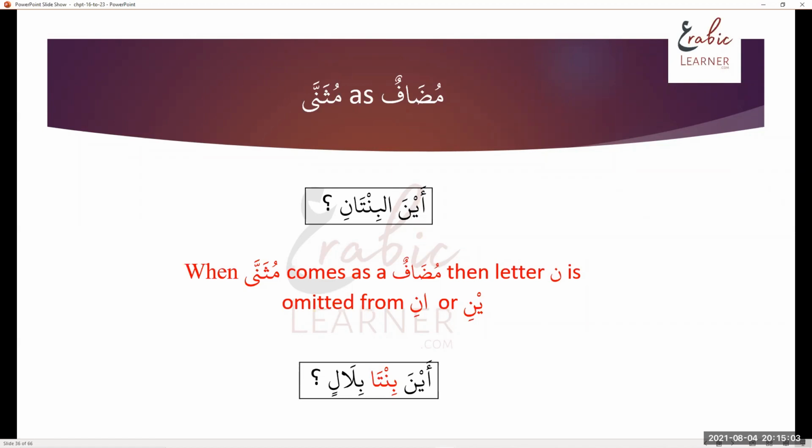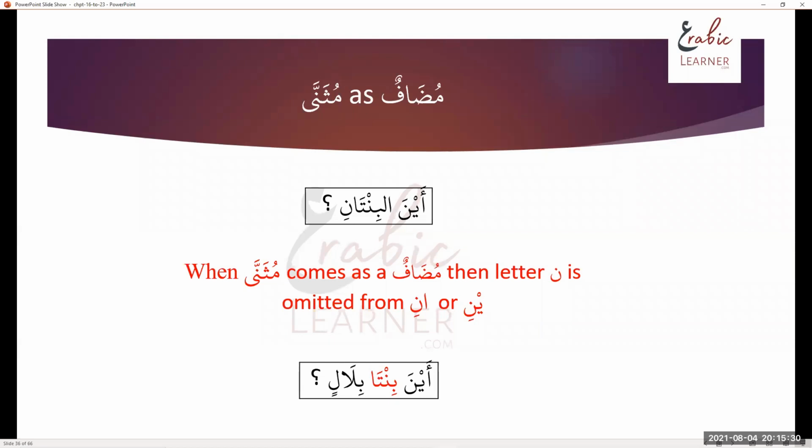Now, what Mudaaf doesn't like really is the sound of noon. If you see in the tanween, it is always sound of noon. So it is qalamun, kitabun. With tanween, you end up with sound of noon, even in the status of Rafa or Nasab or Jar.